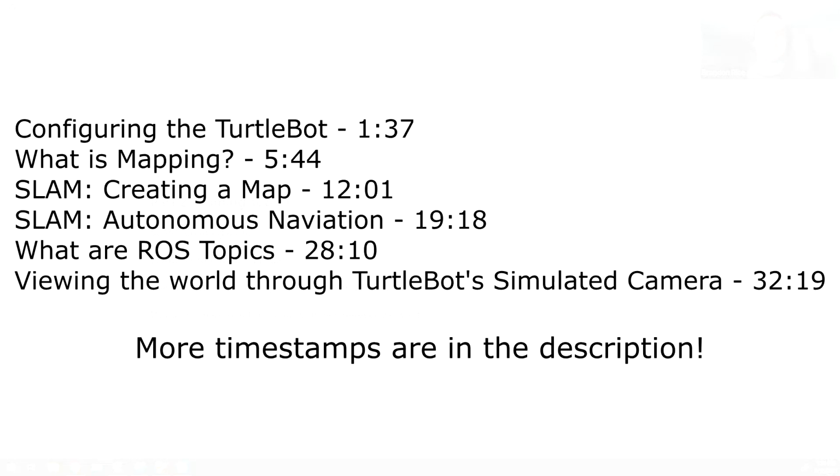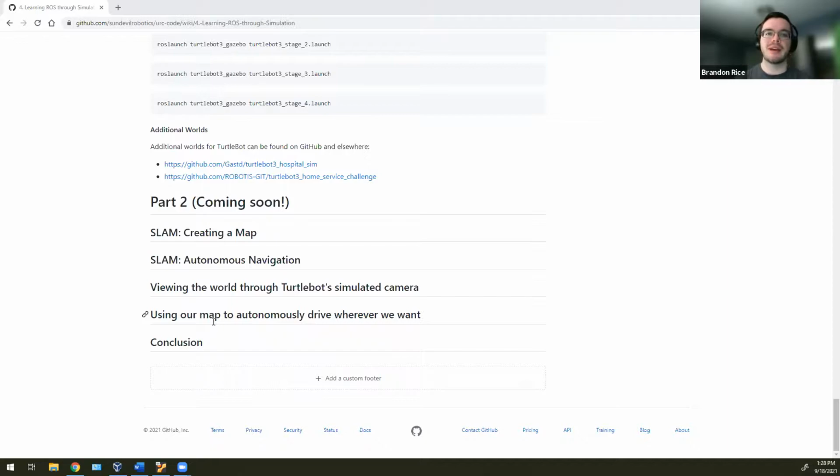Essentially, this last step is using our map autonomously to drive wherever we want. We will play it by ear. I don't know if we will get to that step today, only because our map specifically is kind of proprietary, so we will see when we get there what we want to do.